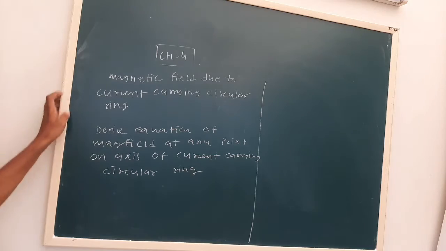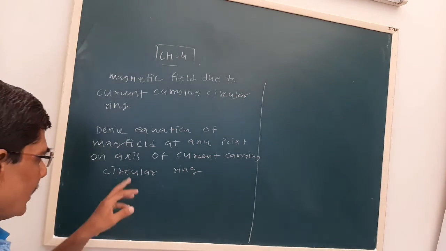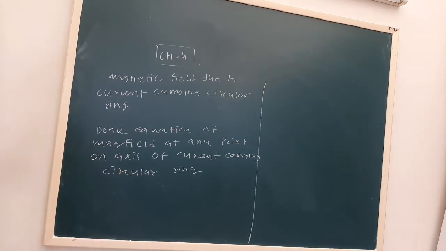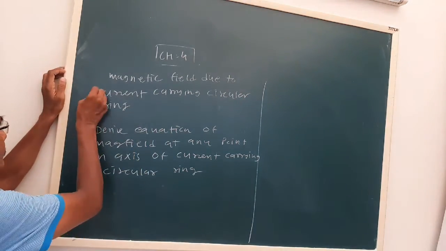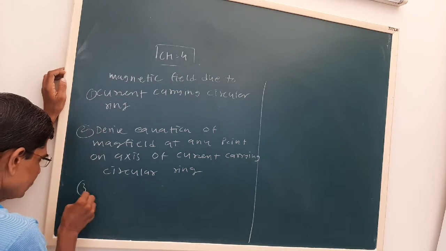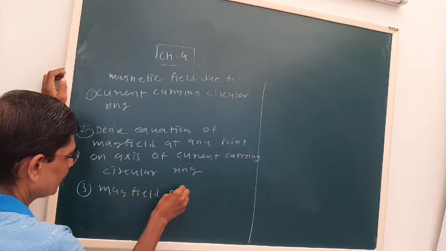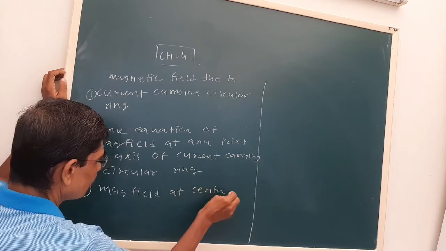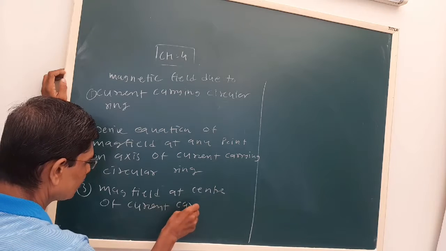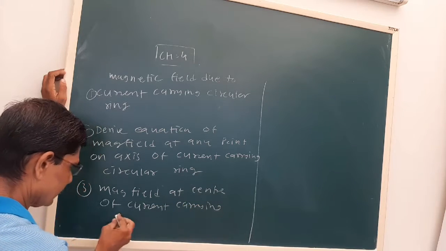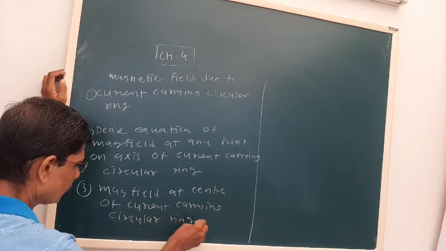We have to derive the value of the magnetic field at any point on the axis of the circular ring, or from that we can derive the value of the magnetic field at center of current carrying ring.